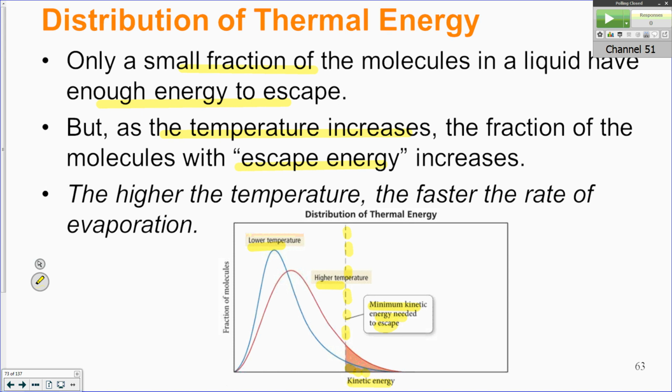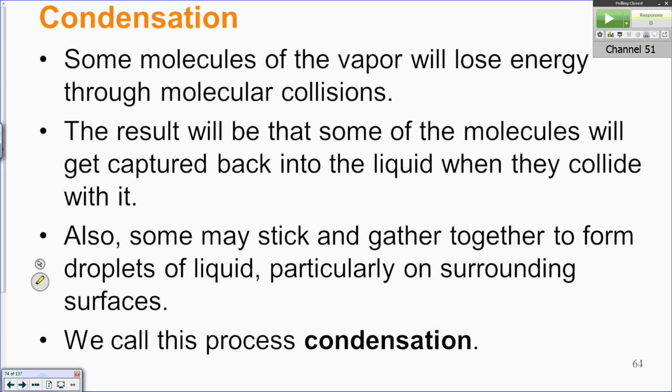But as the temperature increases, this whole distribution shifts to the right, and that percentage now increases substantially. If we keep taking the temperature up, we could get it so most of the molecules have enough energy to do that. So that's what's happening whenever we change the temperature. We're just changing the number of molecules that have enough kinetic energy to escape.